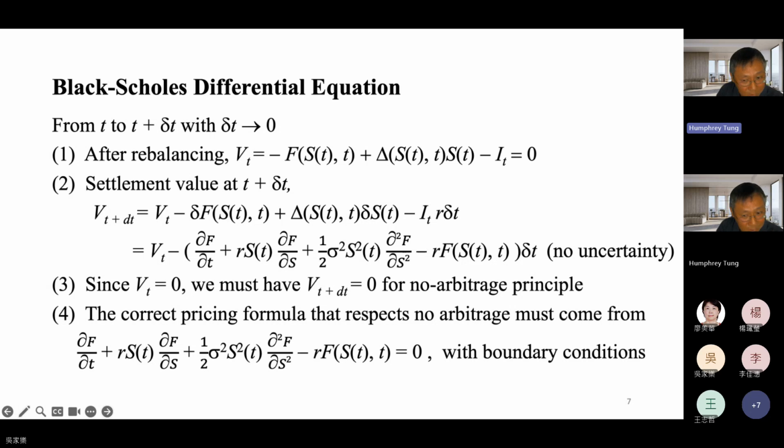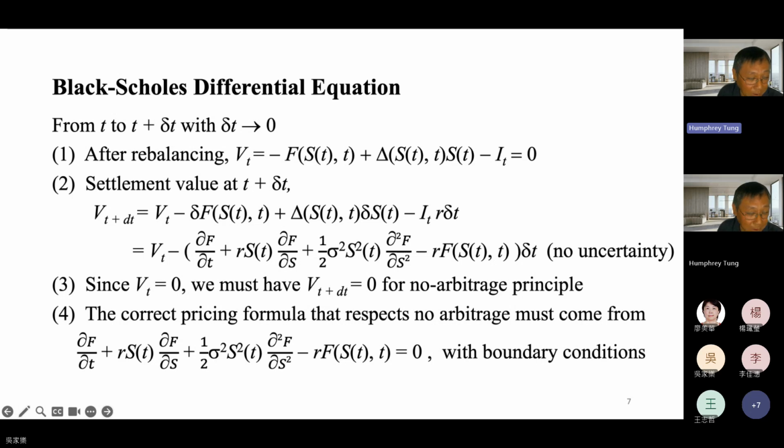So bullet 4 is what we call the Black-Scholes differential equation, and this equation is universal. But you need to include what we call boundary conditions. Boundary conditions simply mean how the option pays off, or whether you have some kind of external requirement. Let's say an American option, maybe you have heard about that. I have an option that allows me to claim the payoff anytime I want.